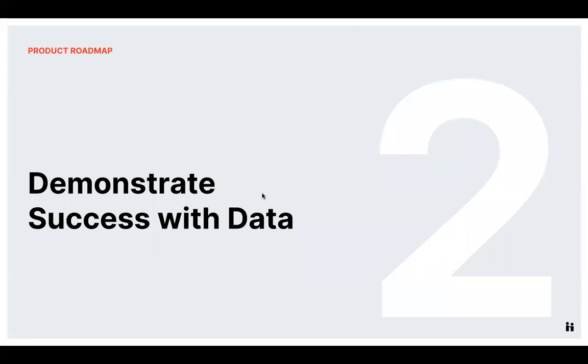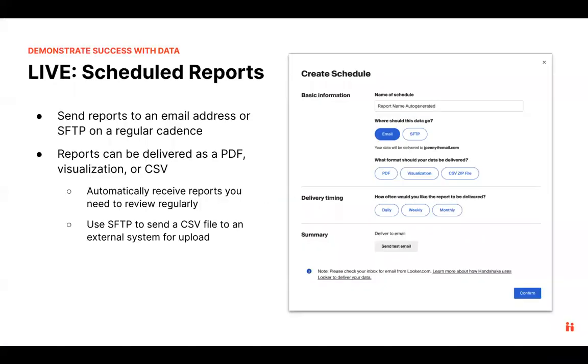Next slide, please. Okay, so first up, we have scheduled reports, which is now live. This was one of the first key focus areas of the advisory board. We had over 250 people who participated in our beta and currently have hundreds of scheduled reports going out daily. So scheduled reports are going to allow you to run and email any reports that you and your team may be reviewing regularly on a daily, weekly, or monthly cadence.